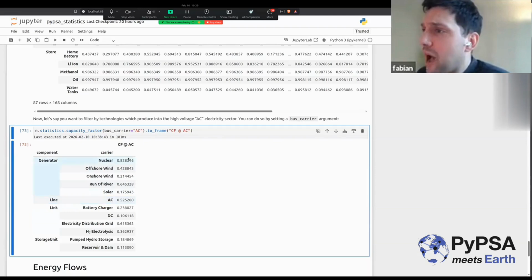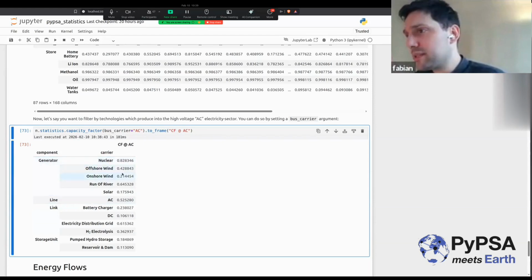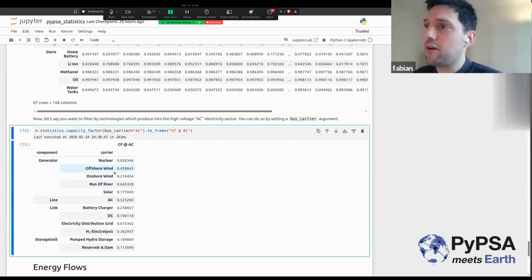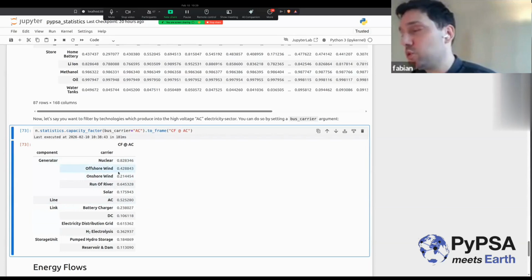And for all of them, we now get the average capacity factor. We see that nuclear is quite running on full load, sometimes probably shutting down. And then for the renewables, it's somewhere where we would expect it. It's quite a strong offshore wind pattern that we've seen here. 30 or 42% capacity factor is very high.